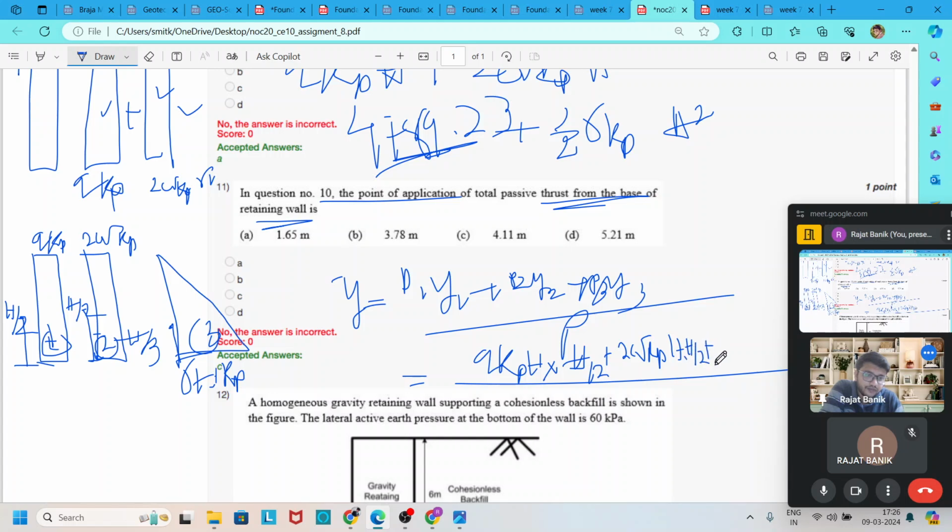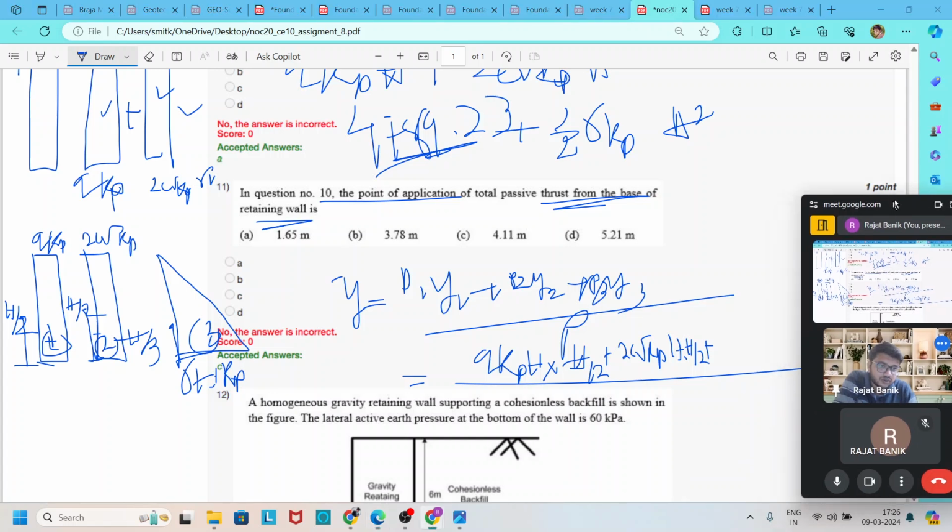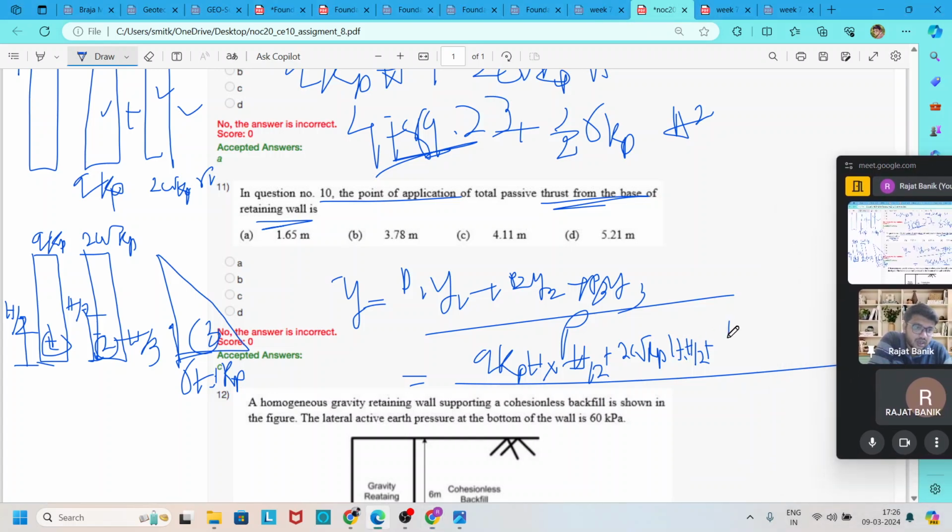Then the last one is very typical. Area is half gamma h square into Kp, with CG at h by 3.